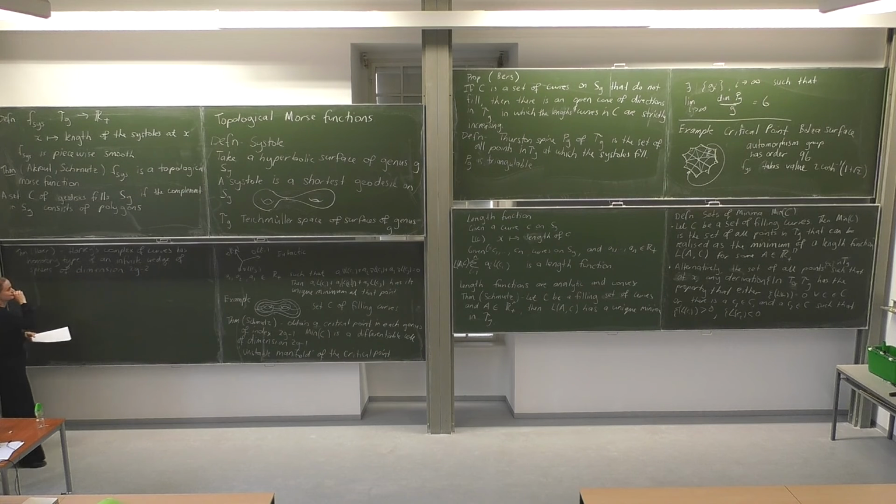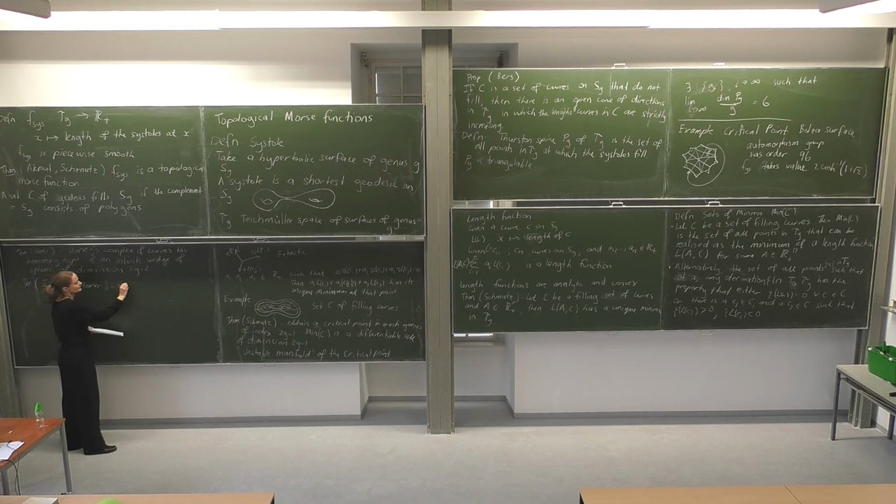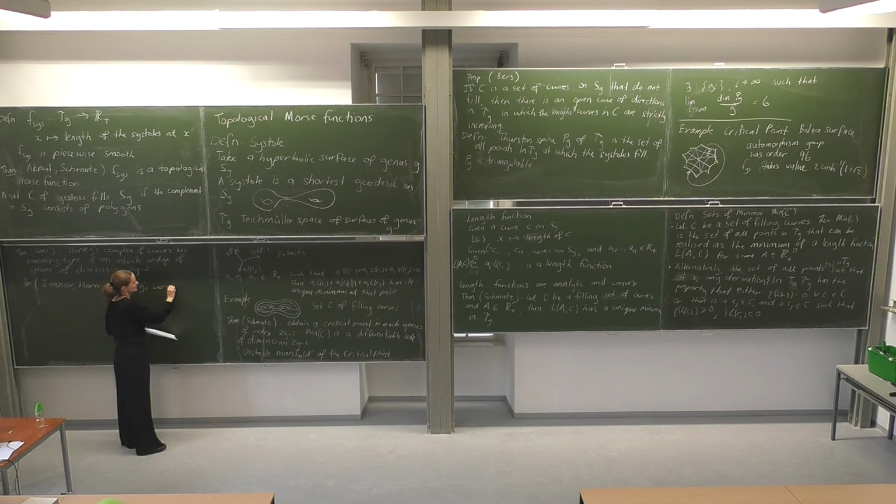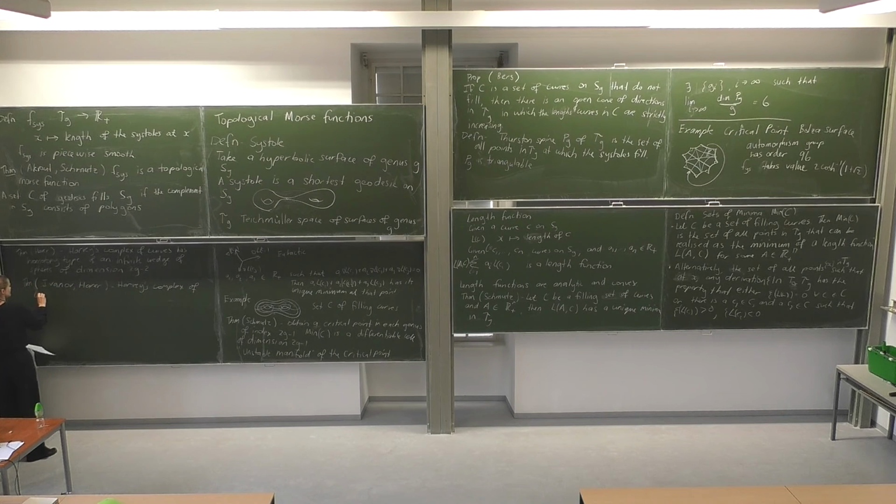And then Ivanov, Harer showed that Harvey's complex of curves is mapping class group equivariantly homotopy equivalent to the boundary of the thick part of Teichmueller space.